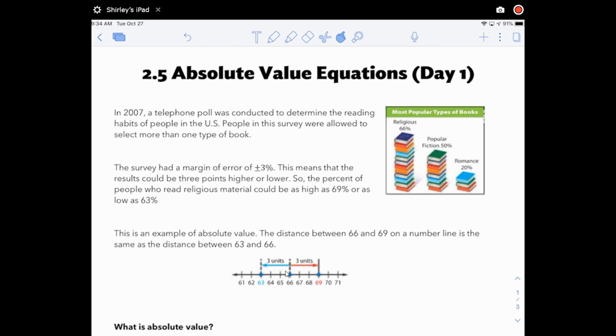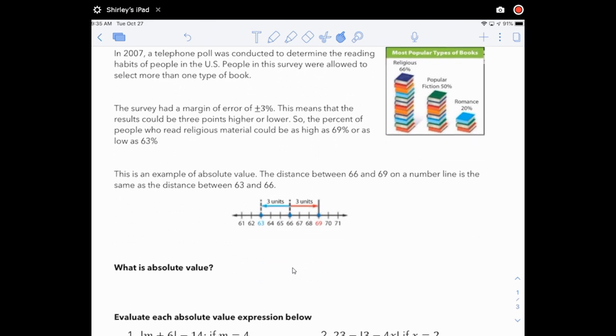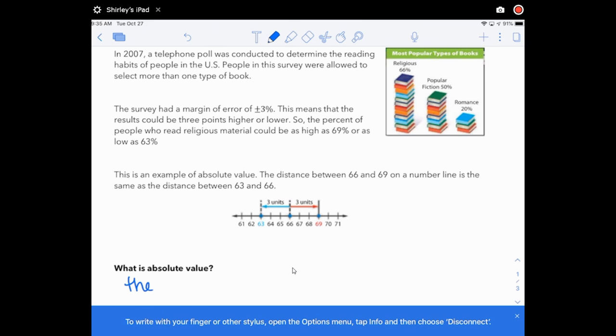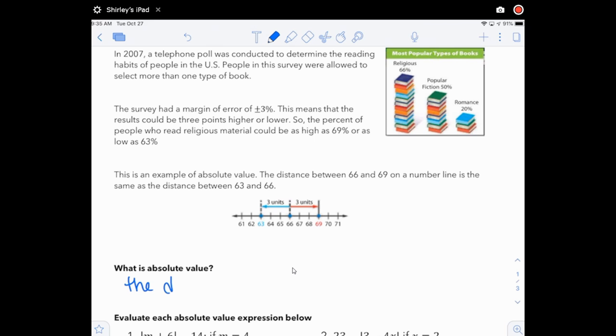Absolute value calculates your distance from a centerpiece, typically 0. So the distance between 66 and 69 on the number line is exactly the same as between 63 and 66. So that margin of error is 3% on both ends. It ties into that idea of absolute value because absolute value talks about the distance a value is from 0.